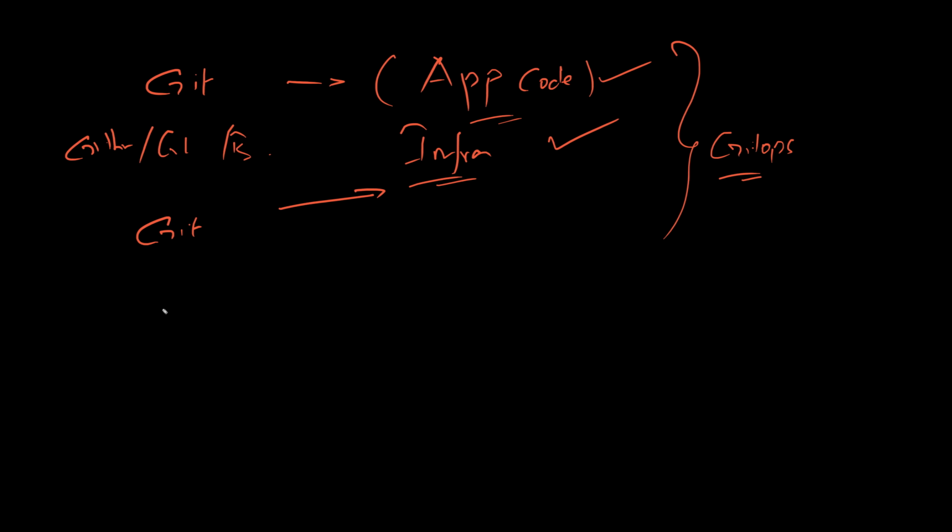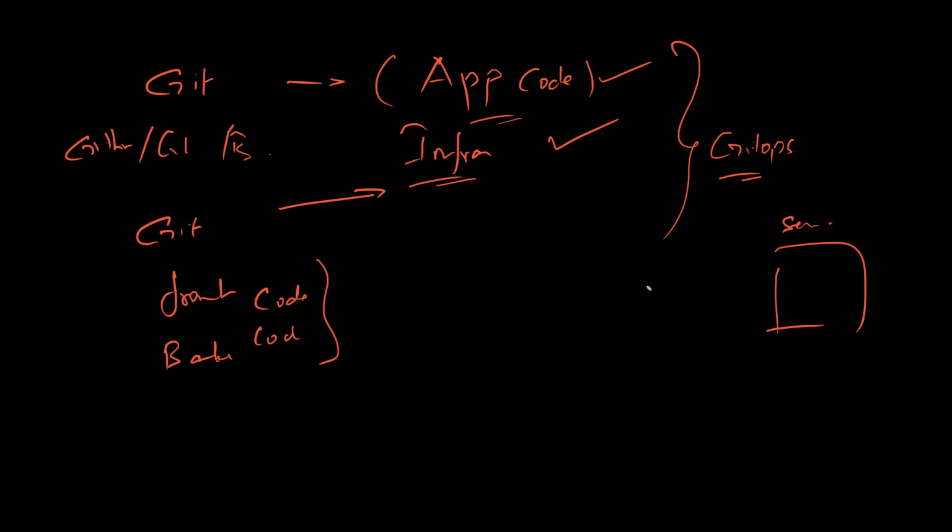Only then can we say that this complete project is following GitOps methodology. I'll be more clear. Let's assume there is a front end and back end code, and this is the final server. Whatever code is there in this Git repository, if the same code is in the server without any modifications, then we can say that this is using GitOps methodology.